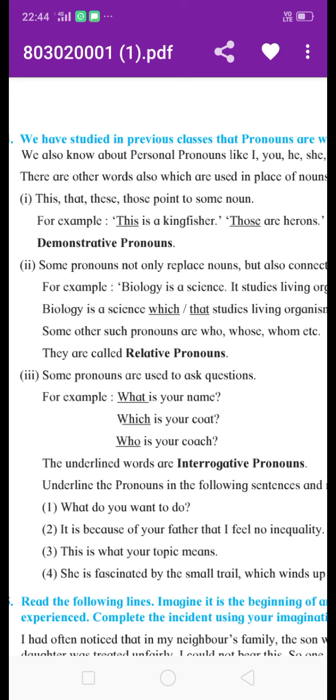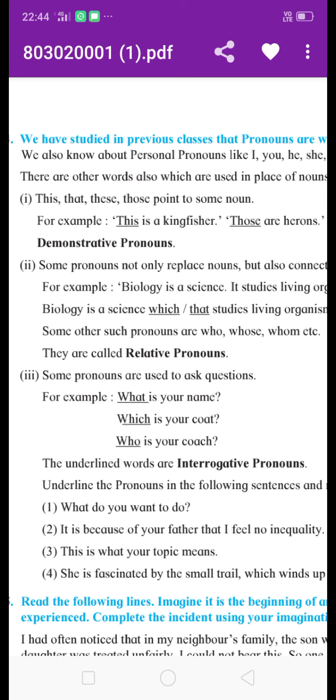When we add self to the personal pronoun, for example myself, yourself, these are the reflexive pronouns. For example, myself, ourselves, yourself, yourselves, himself, herself, itself, themselves.